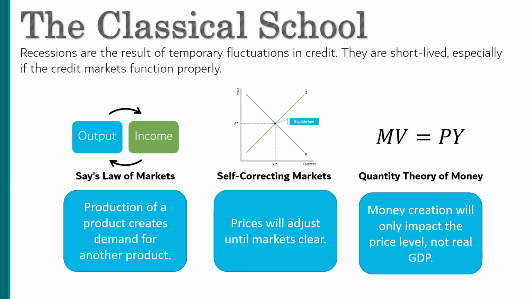But the takeaway is this. In a recession, people aren't earning enough money to afford everything the economy is producing. According to Say's law, that just cannot last very long. The lower incomes will bring down prices until we can afford everything that is produced.